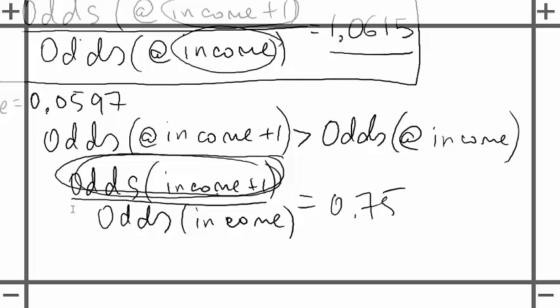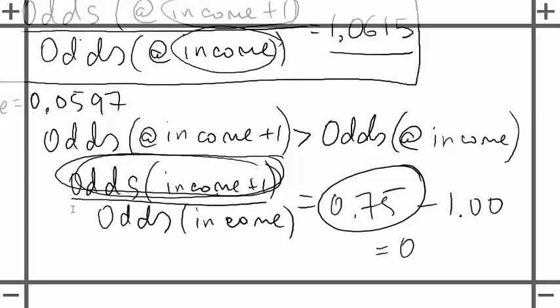So the odds went down by 25%. Each time I'm using 1.00 as a reference, so whatever the answer is, I subtract 1.00 from it. In this case the answer is minus 0.25. Minus means odds decrease by 25%.